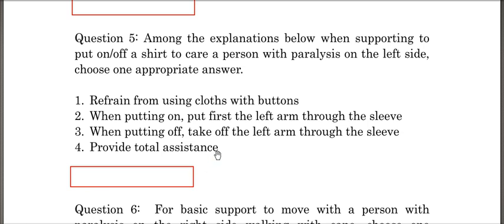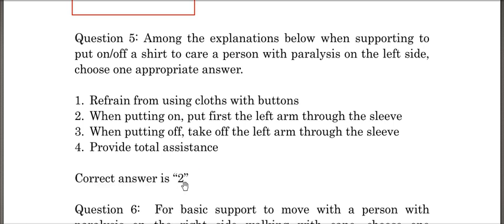You must have found 2 wrong, bad tips, right? Here, refrain from, and this one, total assistance. These are bad answers. Answer is 2. So you must choose the correct answer from these 2 choices.